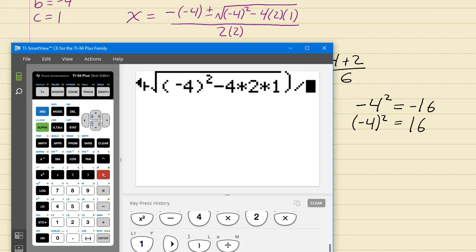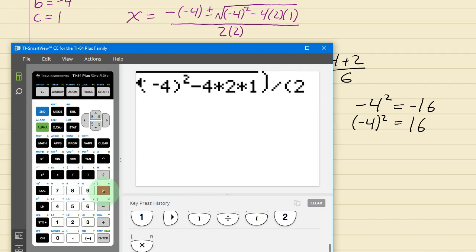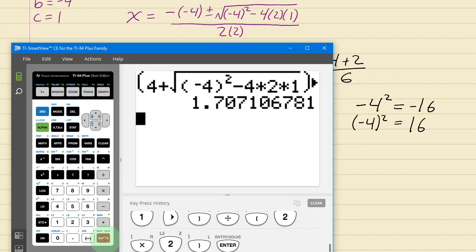And again, you want to make sure that it knows the denominator is 2 times 2, so we need to include that in parentheses too. If you're not sure whether you should be including parentheses around something, just go for it. That's a good rule of thumb. Extra parentheses put in the right place never hurts anything, and you might need to use them. So that's what that comes out to be.